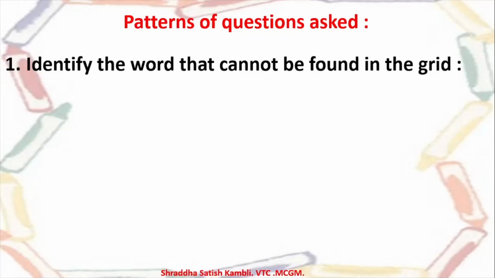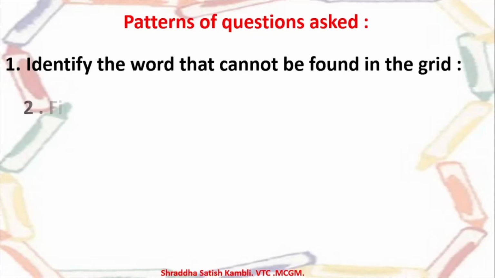So there is a grid which is given to you. There might be 4 words which are given to you, and 3 of the words you will be able to find in the grid, 1 word you won't be able to. So you have to find out which is the word that you will not find in the grid. Okay, for that you will require a lot of mehnat, a lot of hard work, where you have to locate all the words, and then you will realize that one of the options is not there.